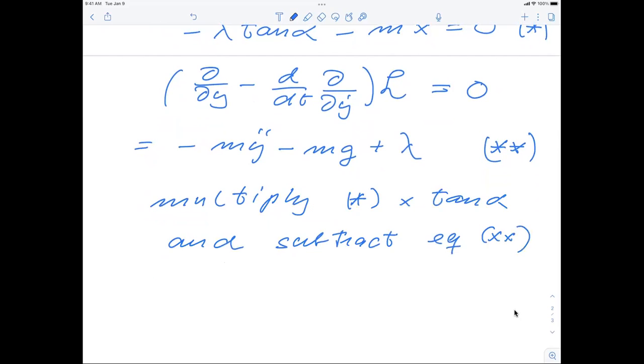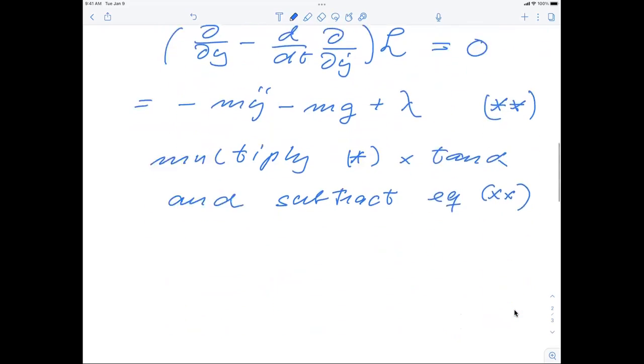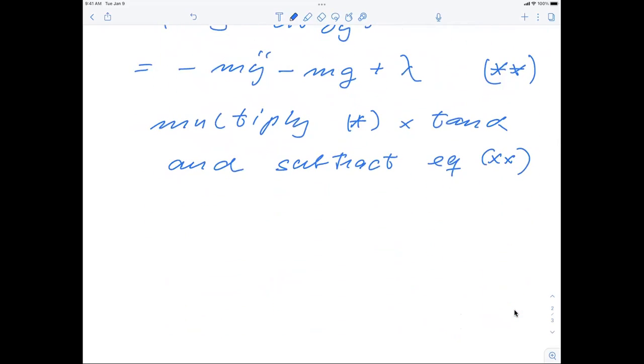So remember that both are zero, right? So if I take the first equation and multiply with tan alpha, I would have zero on the other side. Since both are zero, it's a trick which is pretty common to see both in physics and in solution of mathematical equations. So if I do that, what I get then is the following.